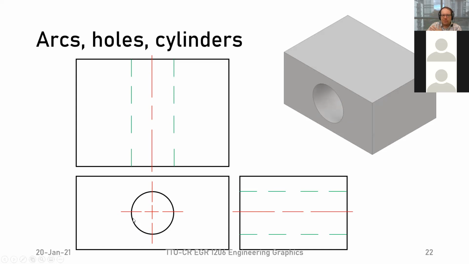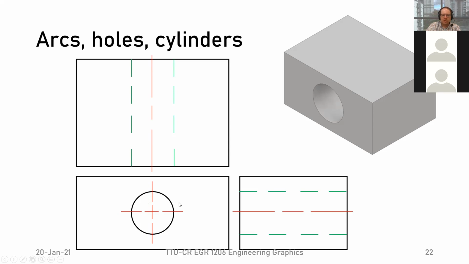Here I have them in red, but usually they'd be black, just like all the other lines, because of course our pencils aren't very good at changing color. I just put them here in red to point them out. These lines here are what we call center lines. They go through the center of the circle.